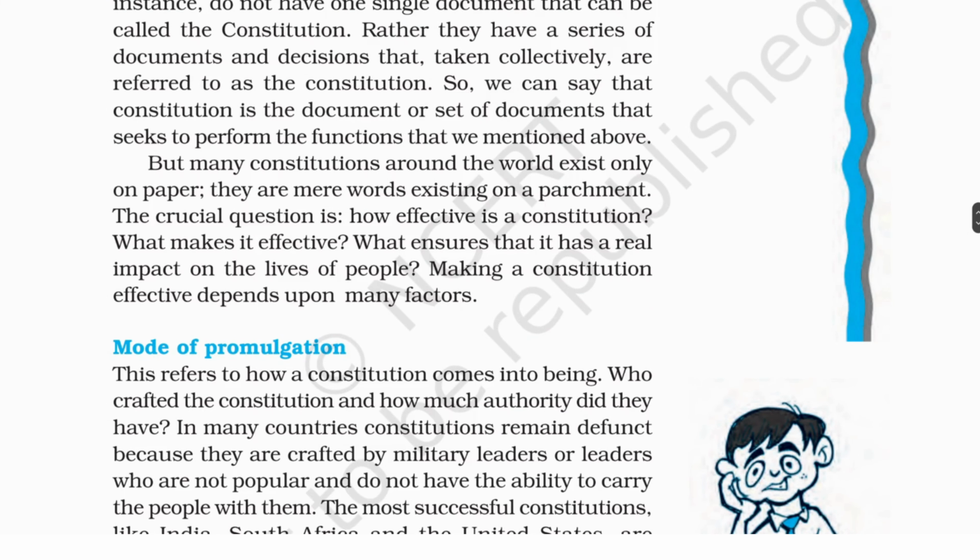But many constitutions around the world exist only on paper. They are mere words existing on a parchment. The crucial question is, how effective is a constitution? What makes it effective? What ensures that it has a real impact on the lives of people?